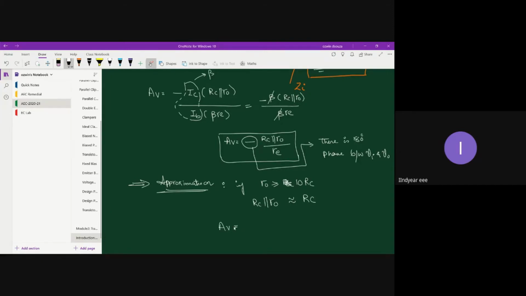So your approximate voltage gain expression can be written as minus RC divided by RE.